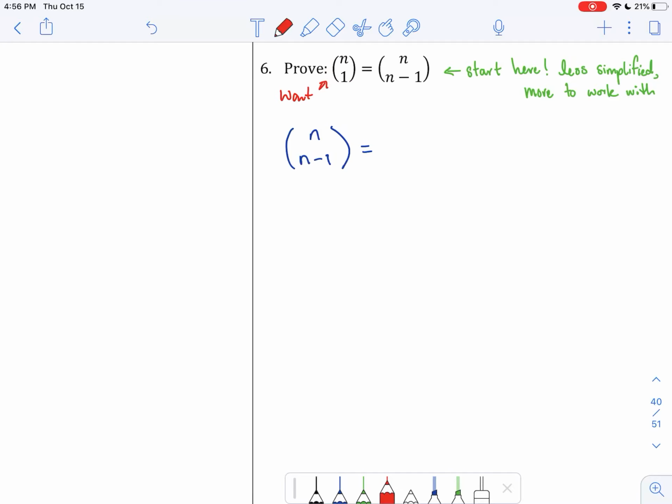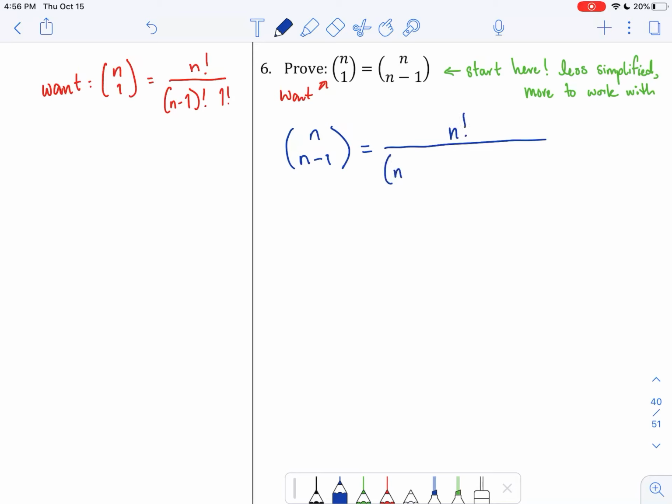So sometimes I even recommend, well, algebraically, we know the thing we want is n choose 1, which is the same as n factorial over n minus 1 factorial times 1 factorial. This is our goal. This is what we're aiming for. So we're going to start off with our more complex one, and we have n factorial in the numerator over n minus 1 factorial times n minus 1 factorial.